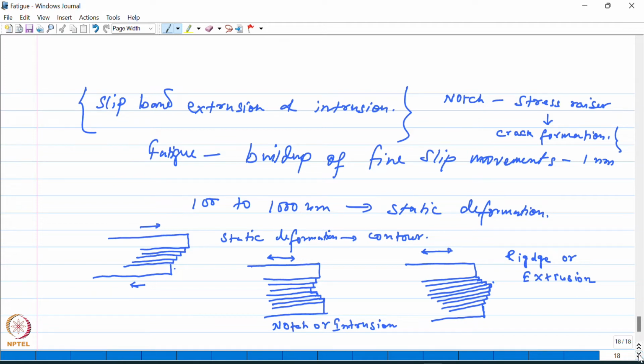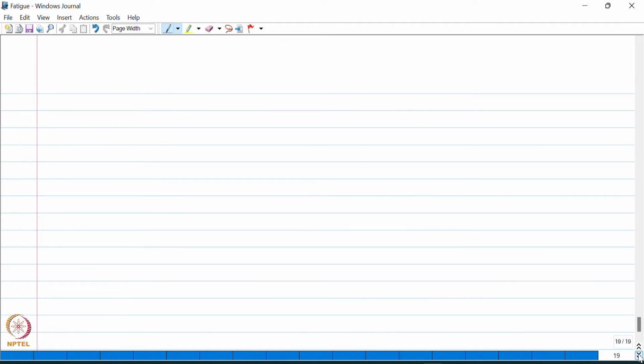Okay. Now coming back to the stages of fatigue as we listed in the beginning, the slip band crack growth, which involves deepening of the initial crack on planes of high shear stress, is called stage 1 crack growth.